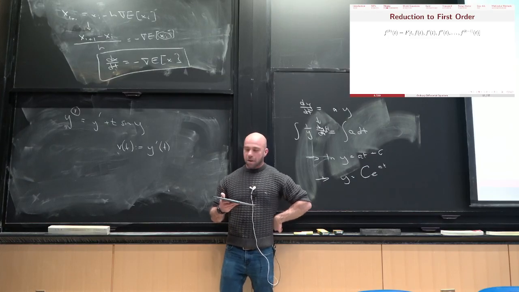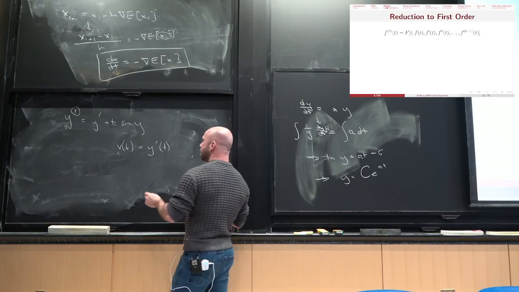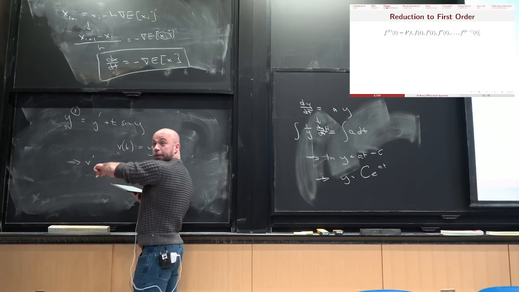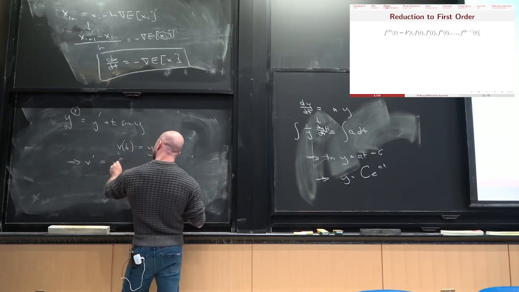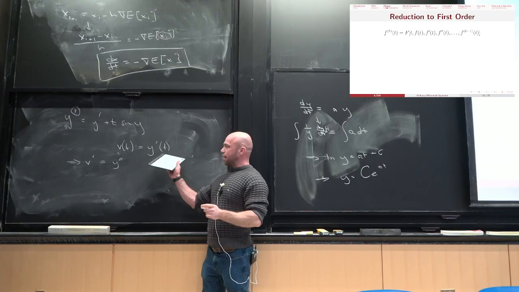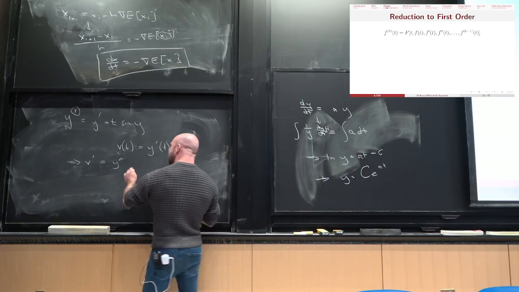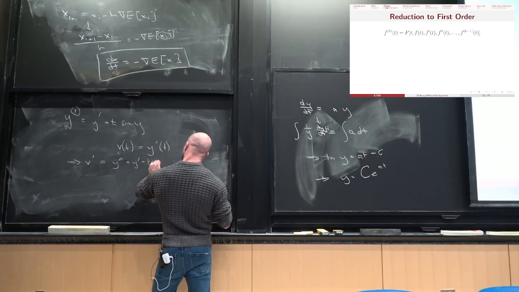Okay, so in that case, what is v prime, the first derivative of v in time? Well, that's y double prime, right? Because I can differentiate that expression on both sides. But we have an expression for y double prime: it is equal to y prime plus t sine of y.